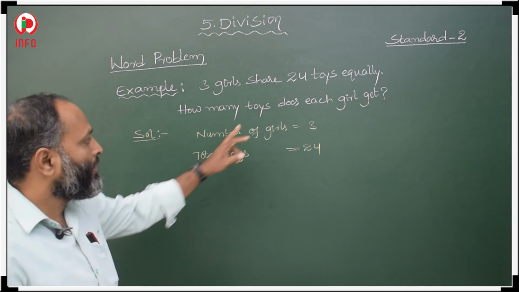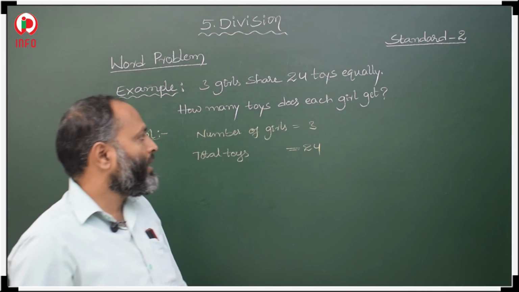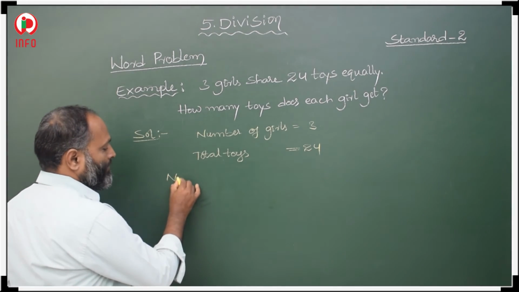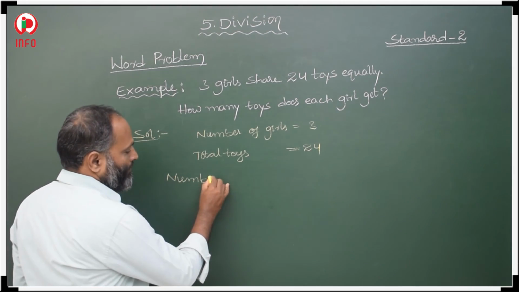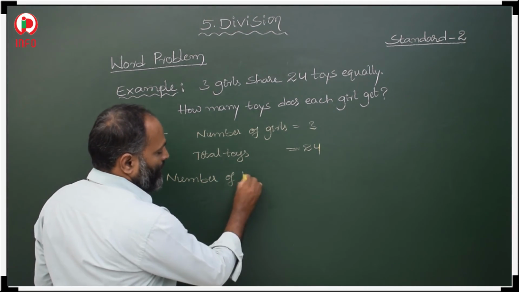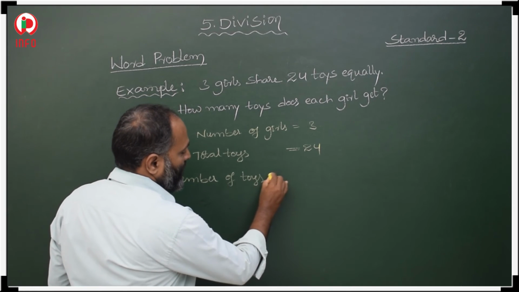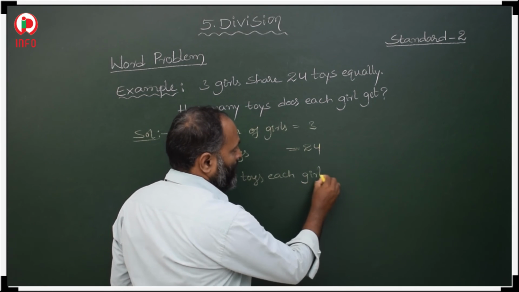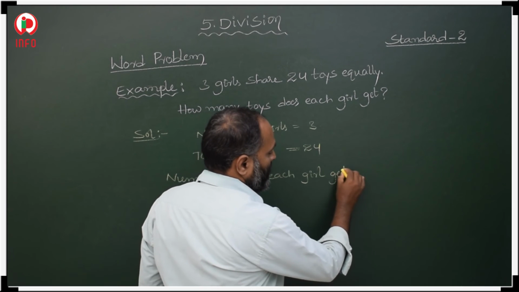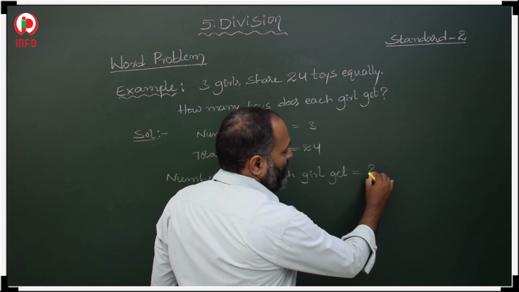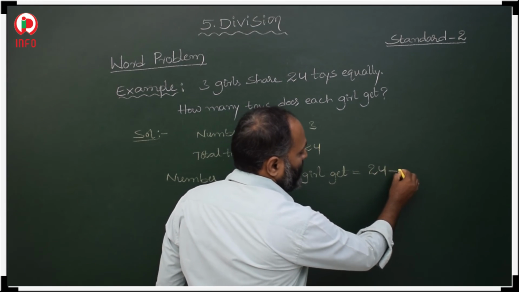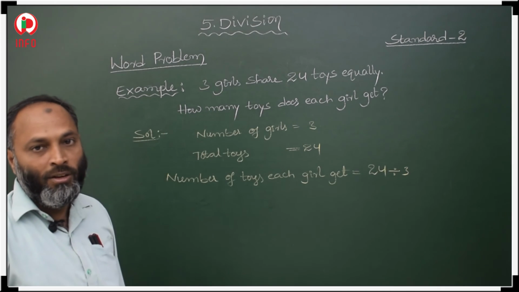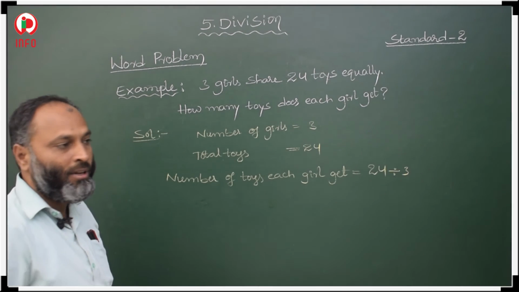Then, the number of toys each girl gets is equal to the total number of toys divided by the number of girls. Total toys we have to divide by the number of girls.